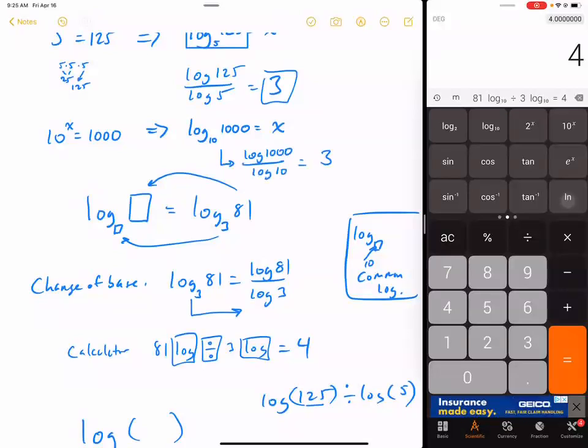Now, I want you to just try this. What is log of 1000? Do you also get 3? And the reason why you get 3 is because, like I mentioned before, there was an invisible 10 there, just like this answer here.